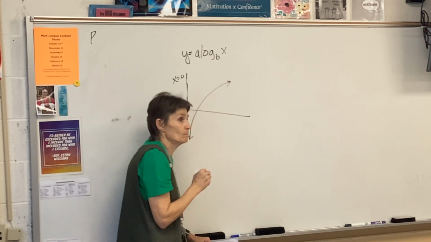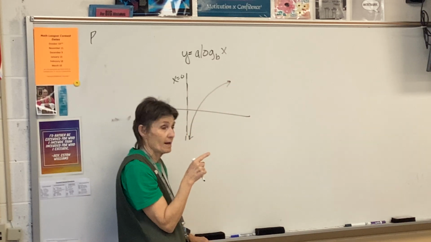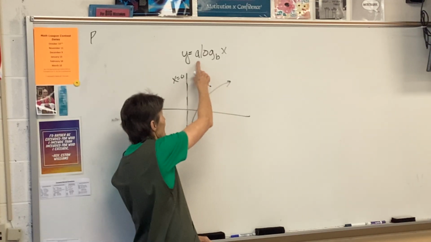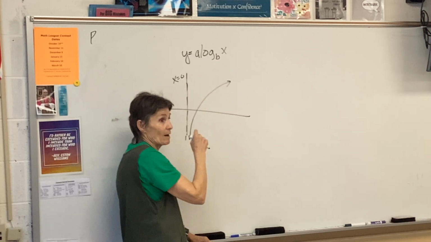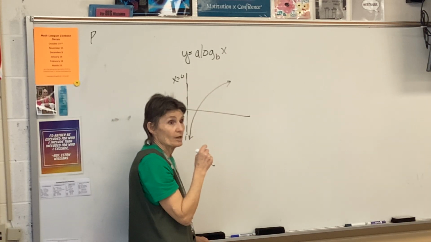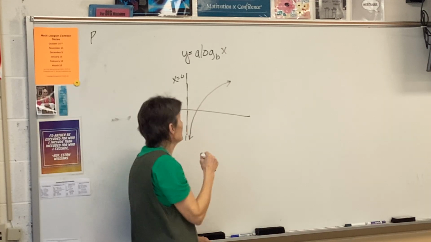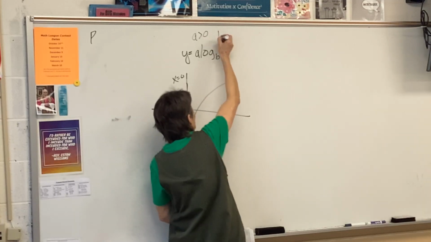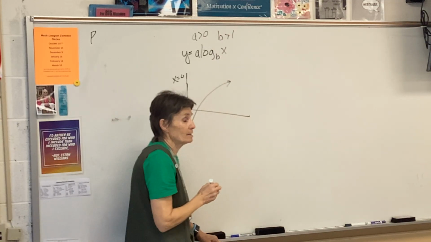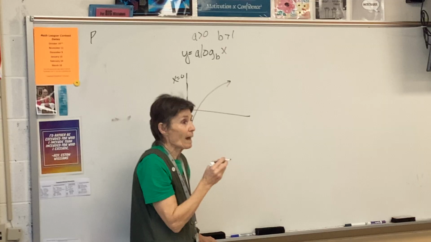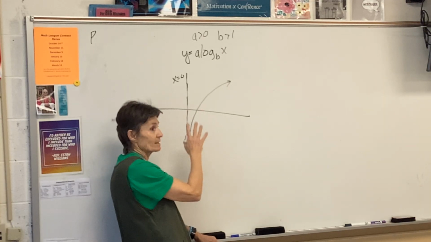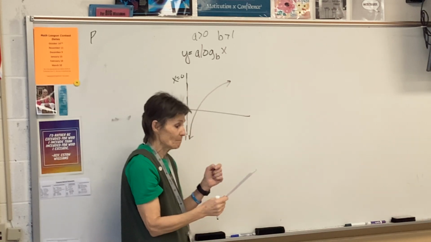That's what a logarithm looks like as long as A is positive. Because what happens if you put a negative out in front of that? It's going to turn it upside down. So as long as A is positive, and as long as B is greater than 1. Now we're going to talk about what happens when things aren't positive and bigger than 1, but this is your basic logarithmic curve. Everybody okay with that?